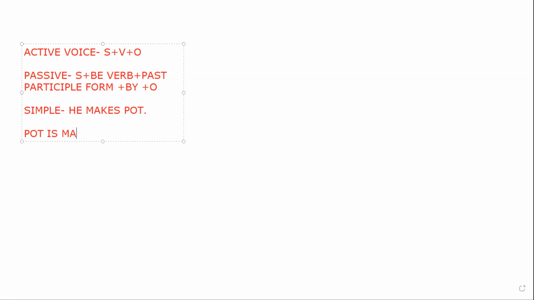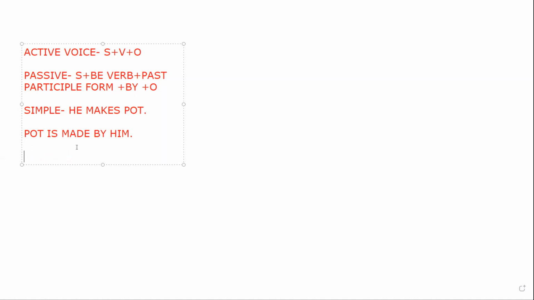Pot is made by him. He will become him. So we have put is as it is simple present and singular, pot is singular. Then the participle form, made.